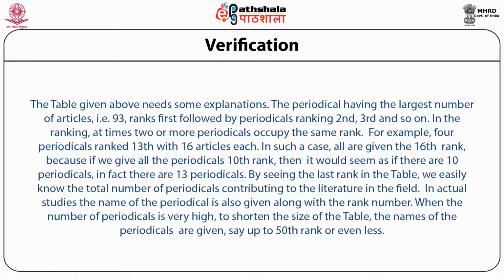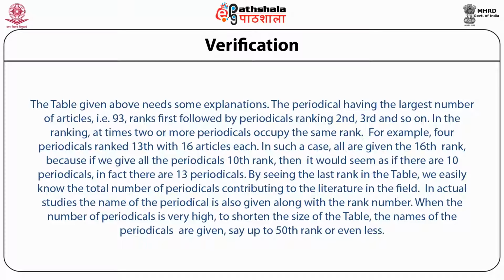This is showing table 2. Here we find the 9 to 13 position of the table. In table number 1, we got only the 9th and thereafter the 13th position. Here we have split it into all the positions, that is all the ranks, 9, 10, 11, 12 and 13.